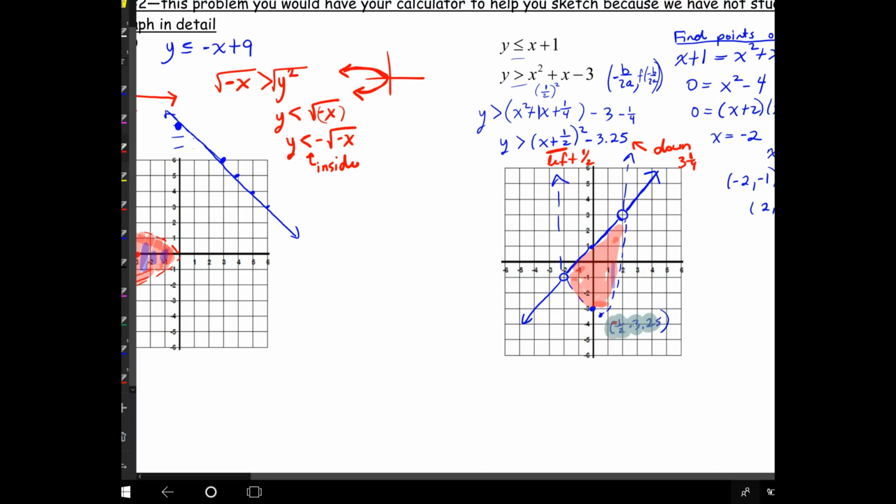So I apologize, that's why it felt a little funny to graph. The vertex should be negative 1/2, down 3 1/4 right here, so it should actually be dashed more in that way. Sorry about that, thank you for clarifying. Oh, there we go, because there's our vertex. Left 1/2, down 3 1/4.